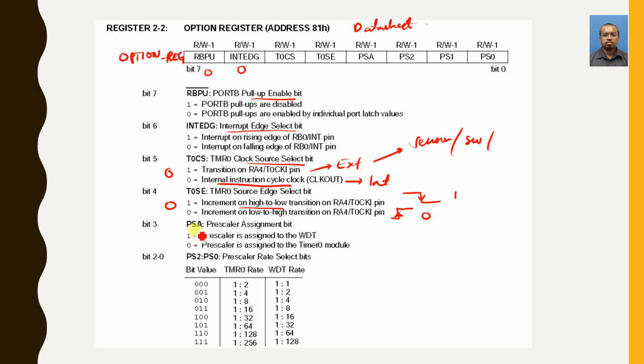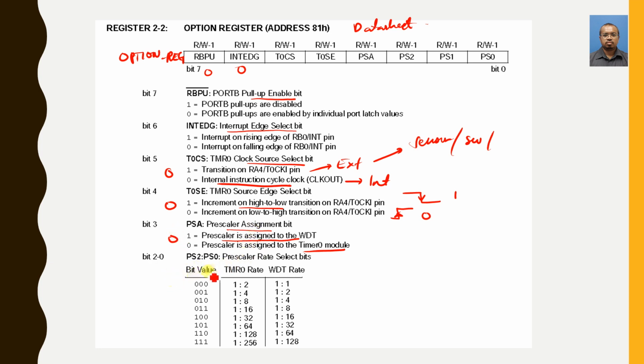And then PSA, the prescaler assignment bit. 1 assigns the prescaler to the watchdog timer, and 0 assigns it to the timer 0 module. I will go with 0 since I use the prescaler assigned to the timer.